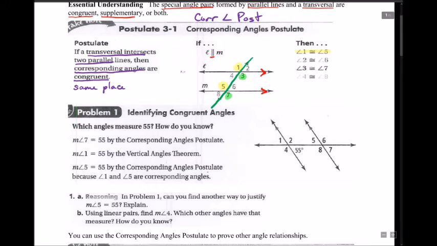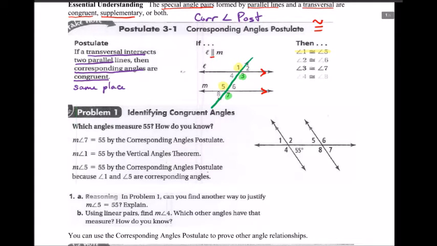Two parallel lines intersected by a transversal, corresponding angles, and I'm going to put congruent up here. So when I look back, you know what? We are going to put that in red because that's kind of important. That is something we want to remember. Corresponding angles are congruent when our requirement of parallel lines is met.